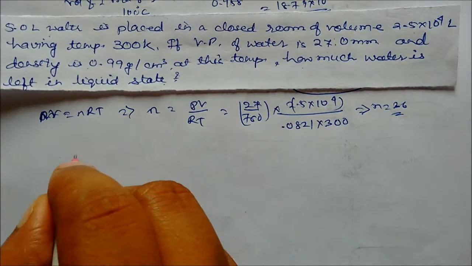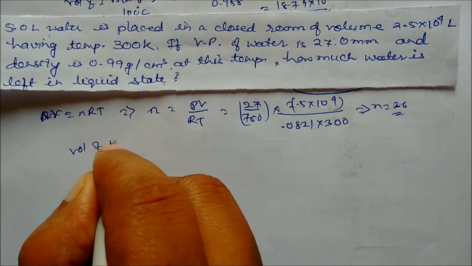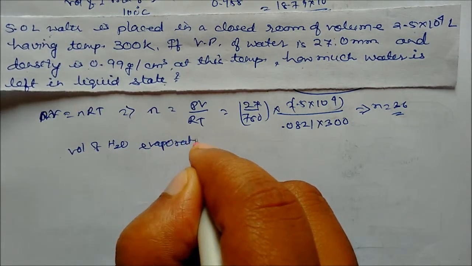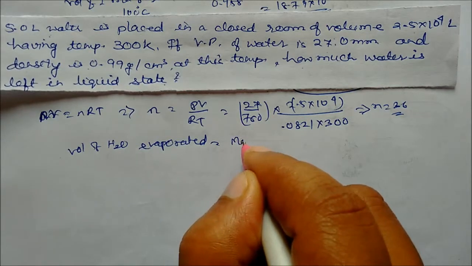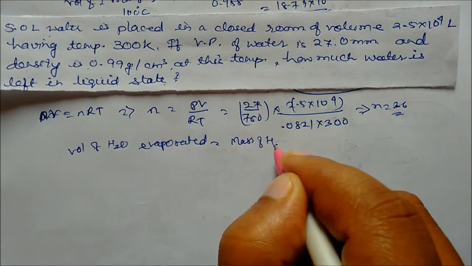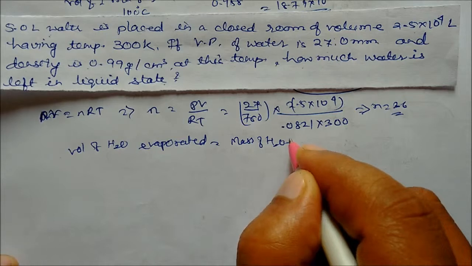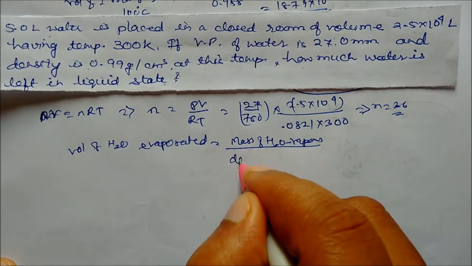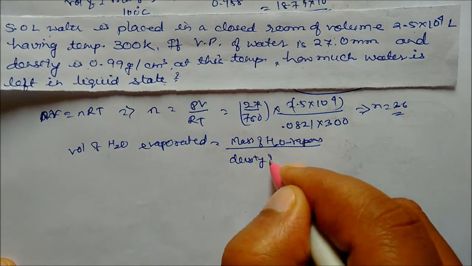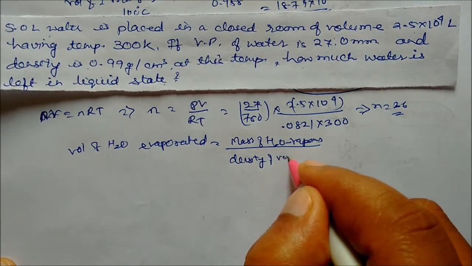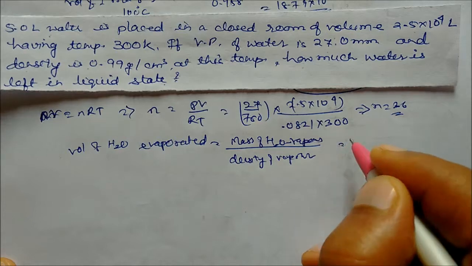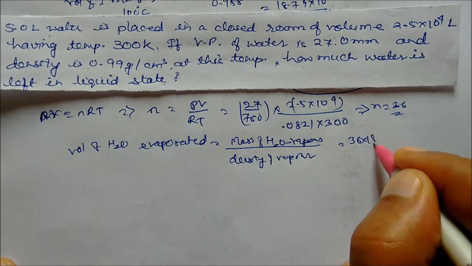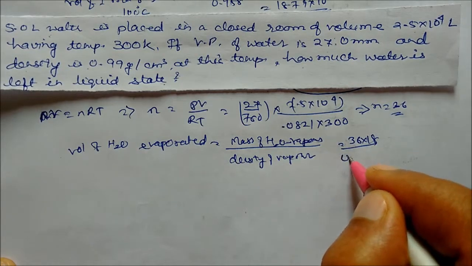Now, the volume of water evaporated. How much evaporated? We can write it as the mass of water vapor divided by the density. So the mass of vapor is 36 into 18, divided by 0.99.